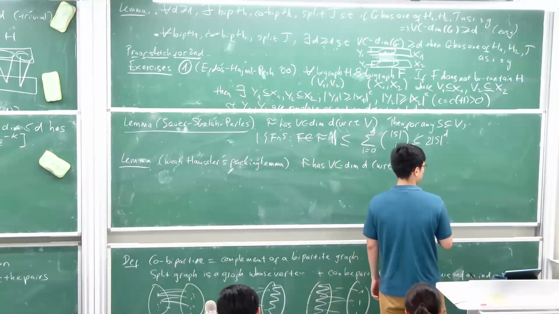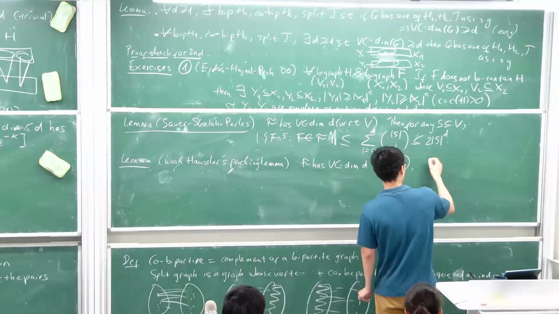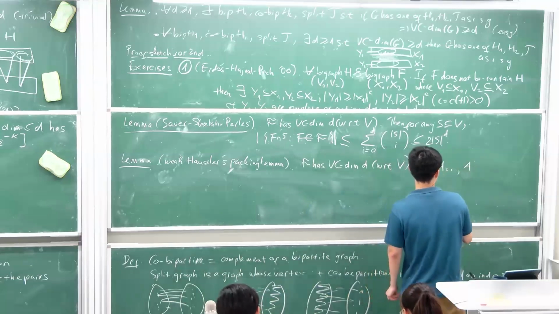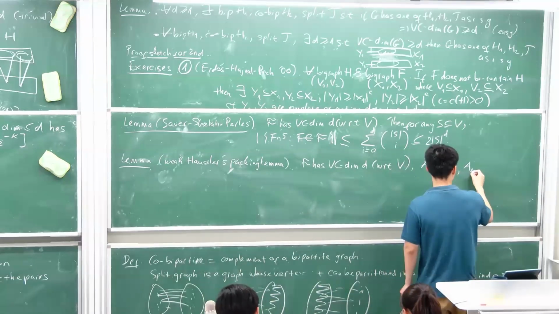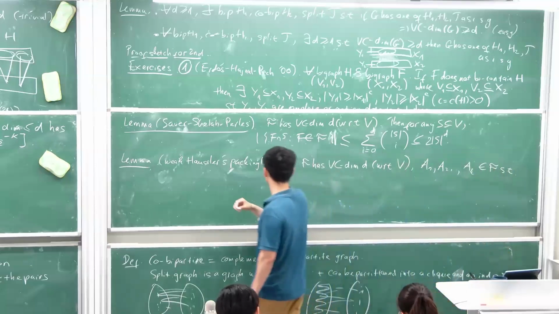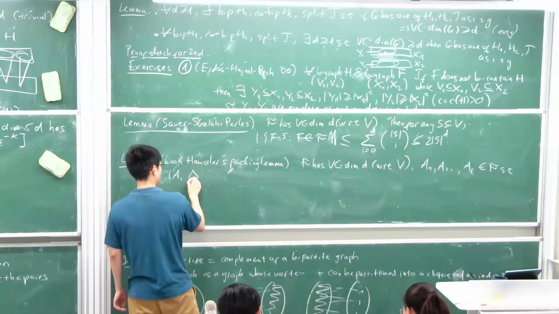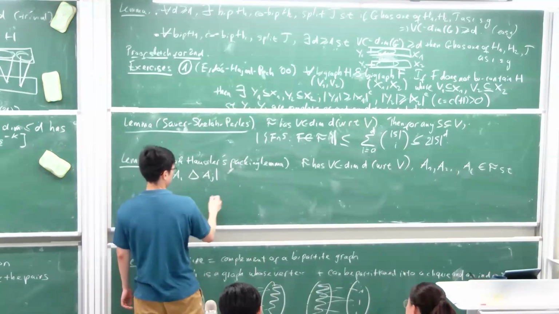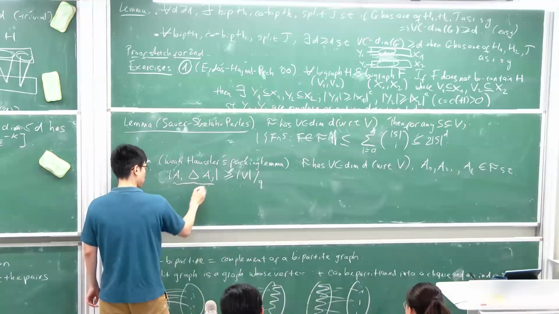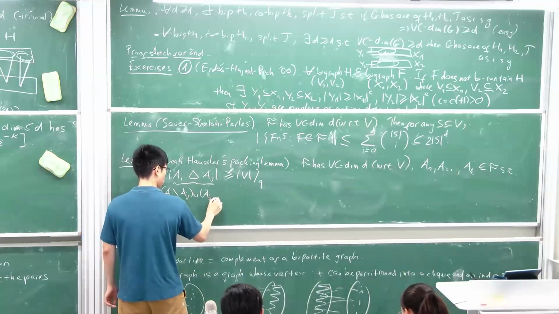Assume a family of VC dimension D, and A1, A2, up to AK in the family such that the symmetric difference of any two arbitrary sets is at least the ground set size divided by Q, where the symmetric difference means AI minus AJ union AJ minus AI.